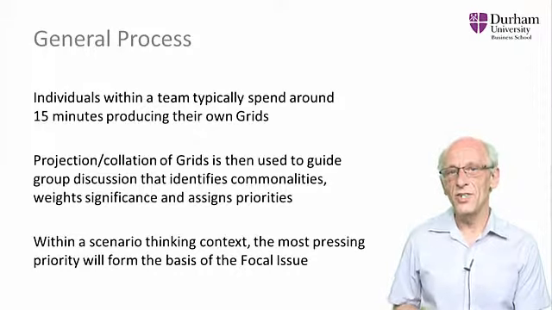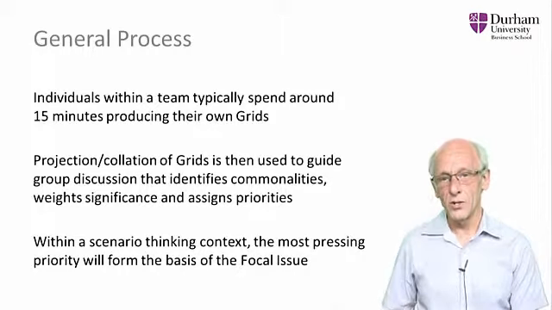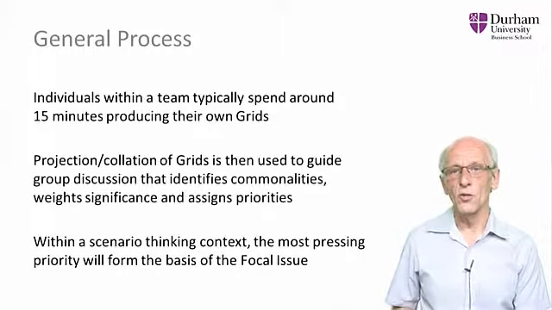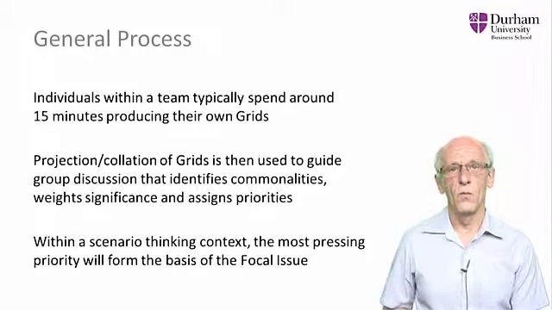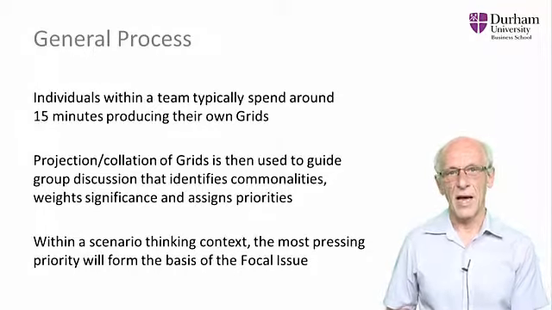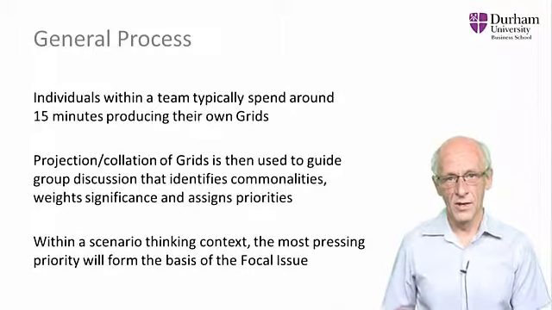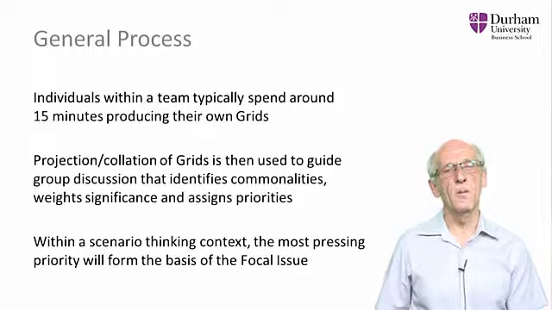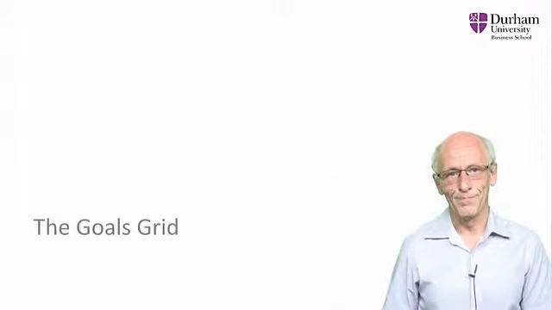And we try to tease out commonalities across grids, weight and assign priorities to them, and ultimately keep boiling down that process until we had a focal issue. The one thing that we all agreed was the most important, that was captured in something everybody said in all of their individual grids. So it's kind of like a round-robin process, but focused on a 4-cell matrix.